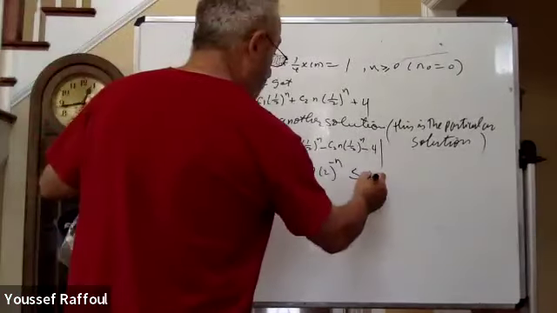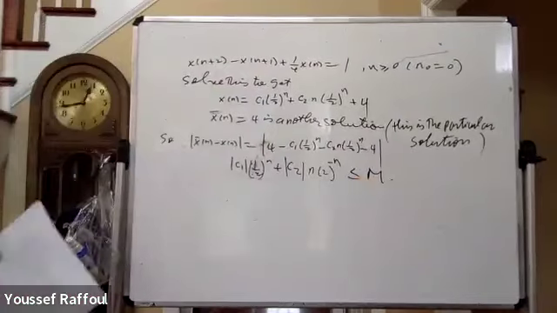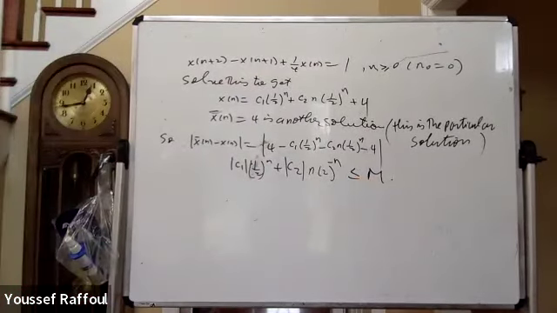And that is bounded, less or equal to some number N. Okay? Because n 2 to the power minus n is less or equal to 1.